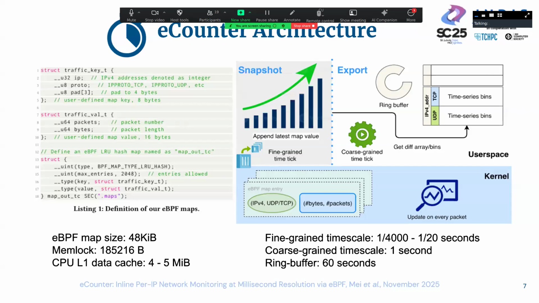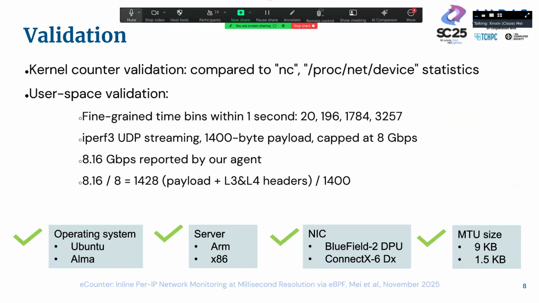Then it talks about the validation. I think I have tried everything I can to validate this. First, I compared with tools like NC and netstat, where I triggered the packets one by one and saw if my kernel space counter increased one by one.